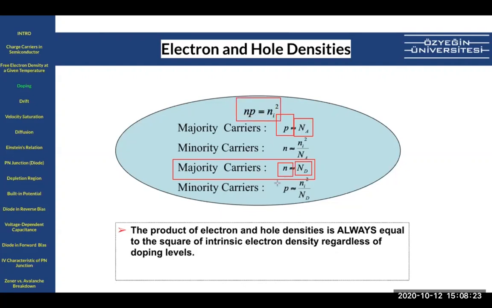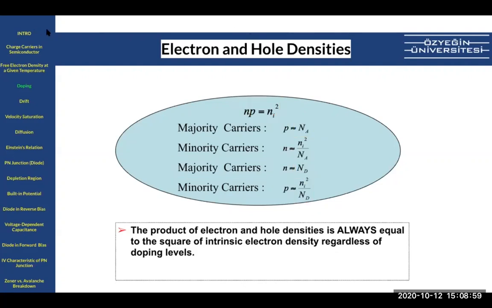If we try to find p, it's obvious, ni squared divided by n, and n equals Nd, so we can write it like that. Similarly, if it is a p-doped structure, the minority carriers will be electrons: ni squared divided by the acceptors Na gives the minority carriers, which are electrons in that structure.